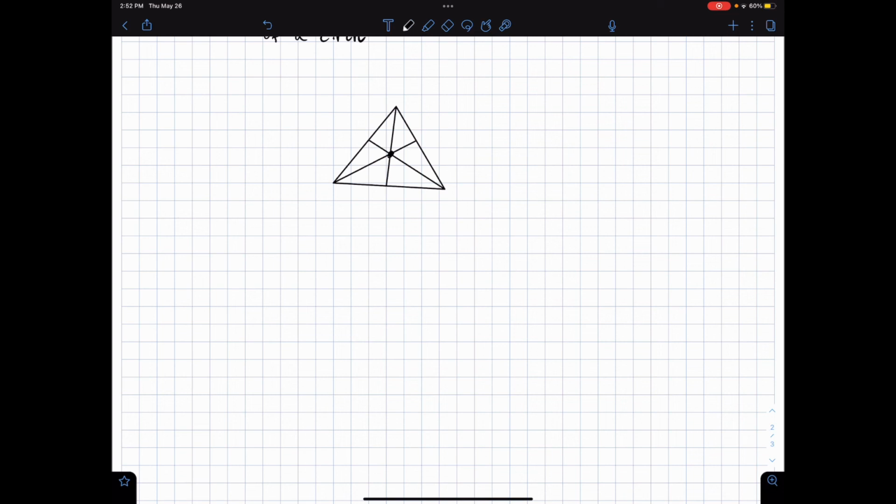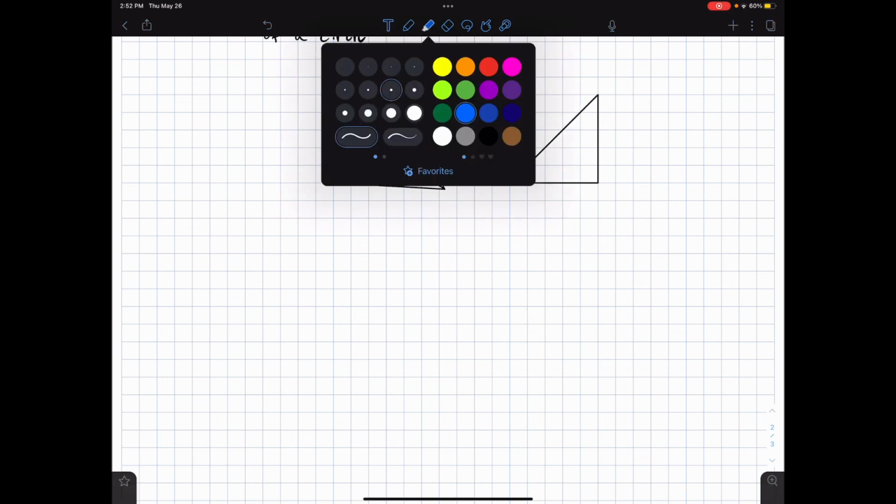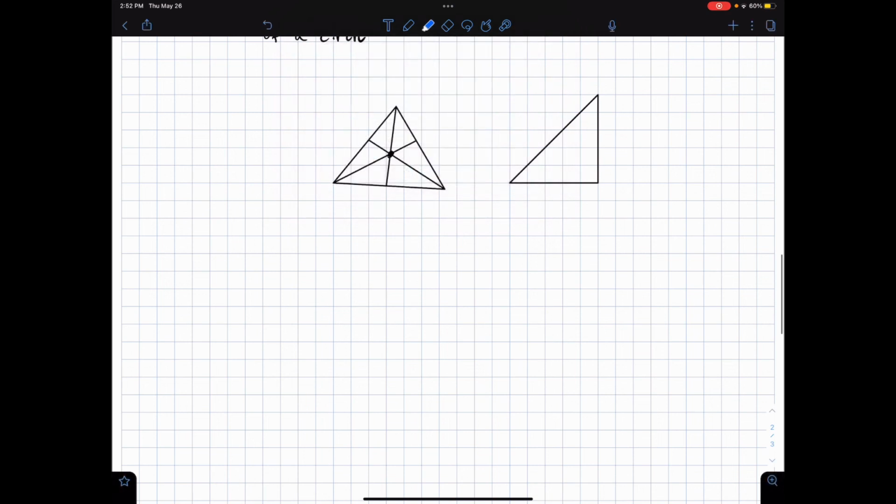If we have a right triangle, I'm going to use the highlighter here, because the line that's perpendicular to this side on the bottom and passes through the opposite vertex is just the side of the triangle.